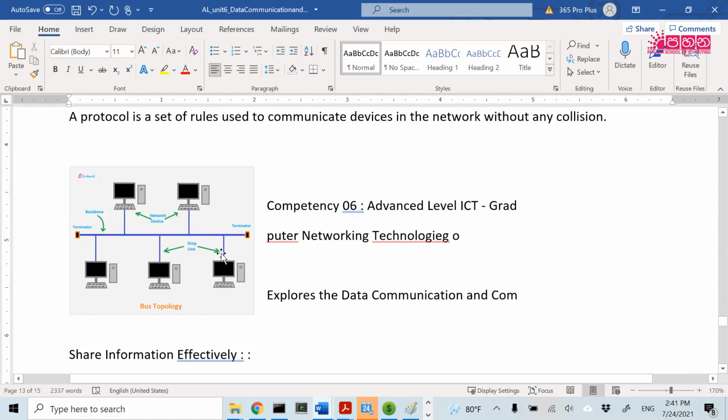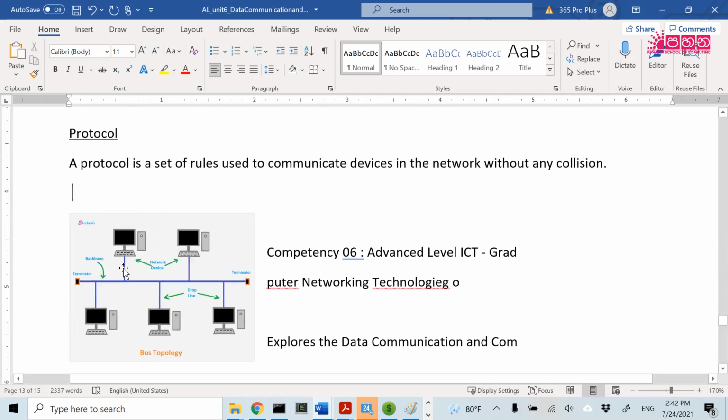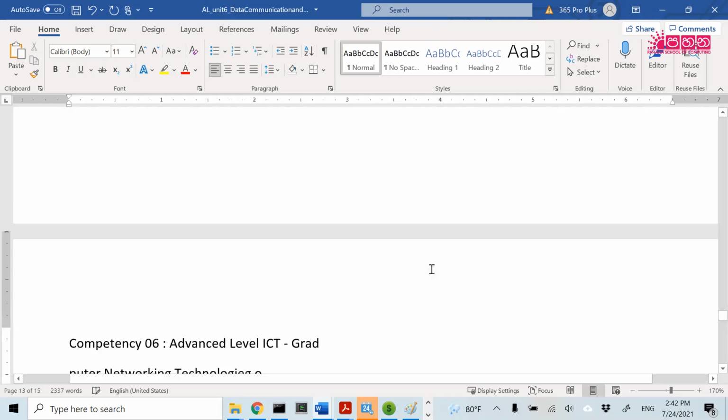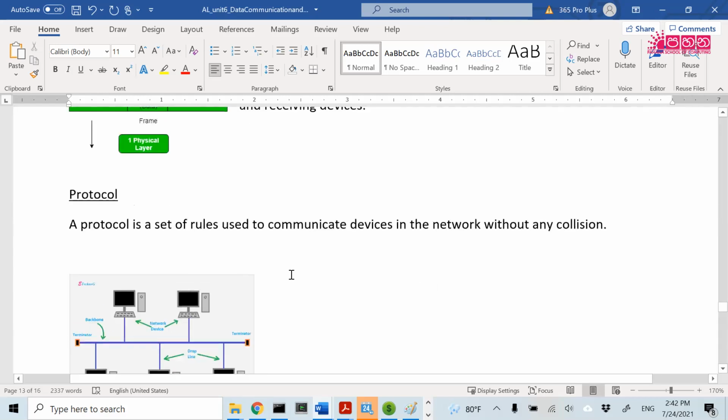We have a single line. It's like a road, but you can transmit only one data at a time. So when data coming from two different places meet each other, it will destroy the data.